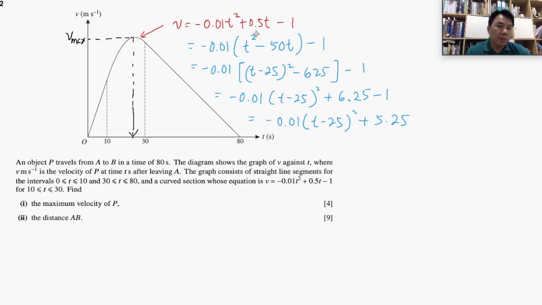And then what information can we extract from here that can help us to identify the maximum velocity?